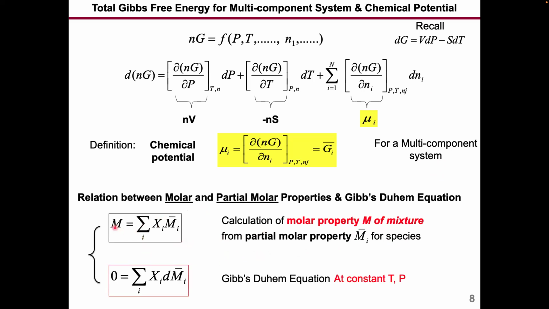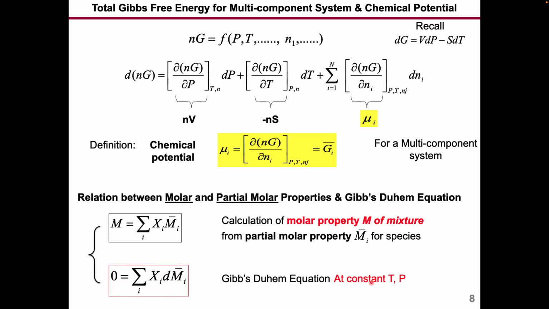In addition, another equation is also important. It's called the Gibbs-Duhem equation. Basically, if you sum up Xi dMi bar, you will get 0. Later we may use this equation for future derivations.